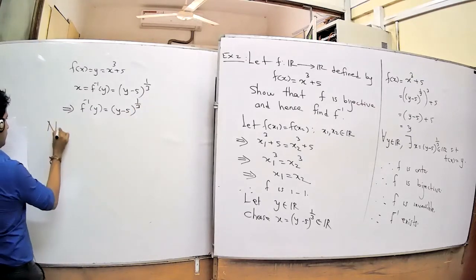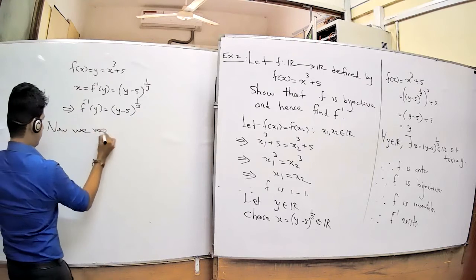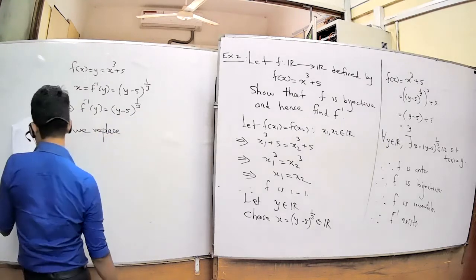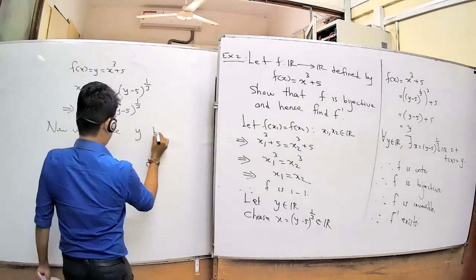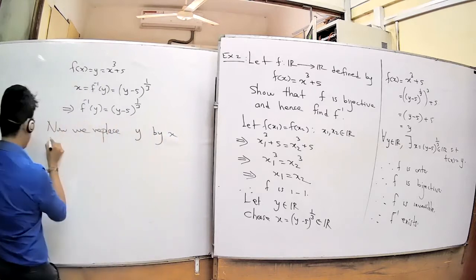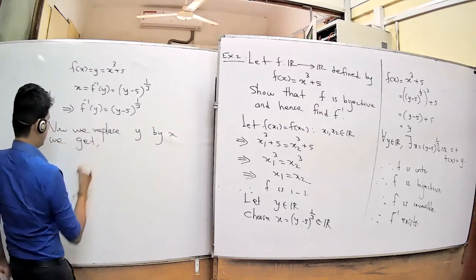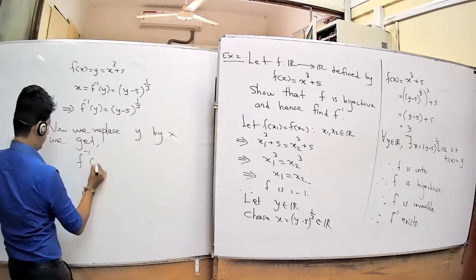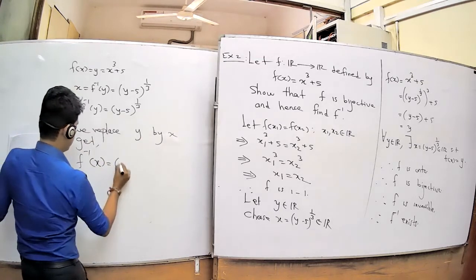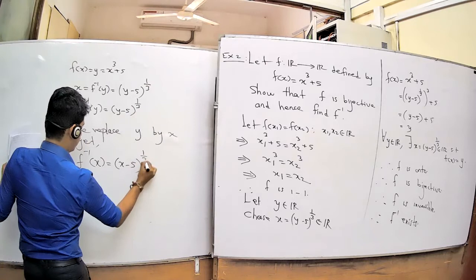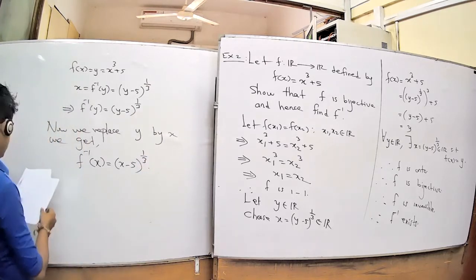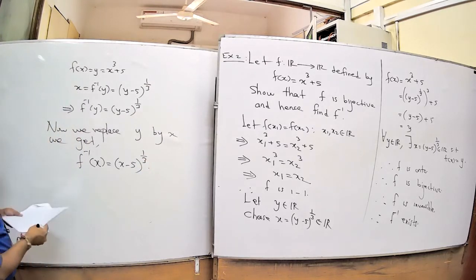Now we replace y by x. We get your f inverse formula: f inverse x equals (x minus 5) to the power 1/3. It is your inverse function. Okay, it is your inverse function.